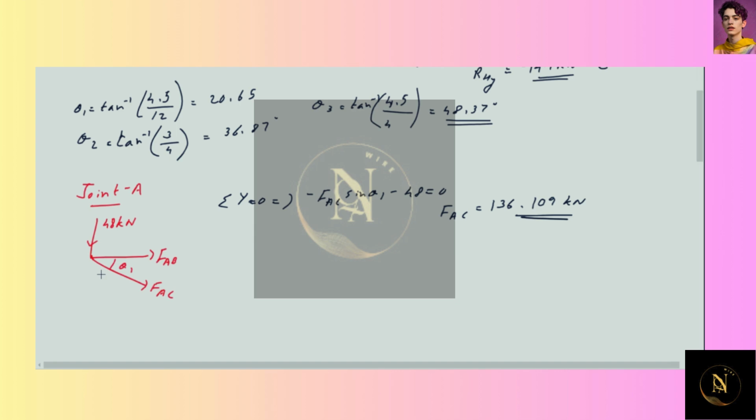Let's check it. As FAC is going outward, but here in the answer there will be a negative sign, so that means the actual direction of FAC is inward. That creates compression. Let's denote it by the letter C.